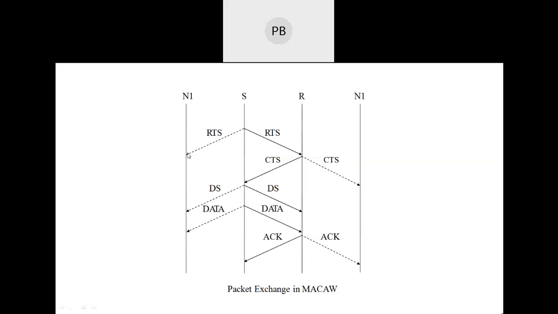When it reaches N1 and R, the individual neighbor examines the packet. N1 found that the packet does not belong to it, so it will not continue the transmission.